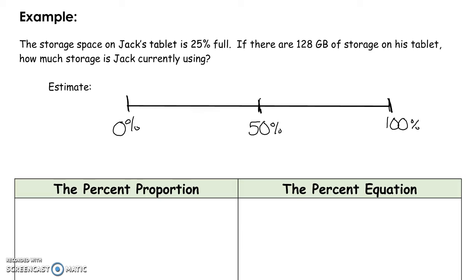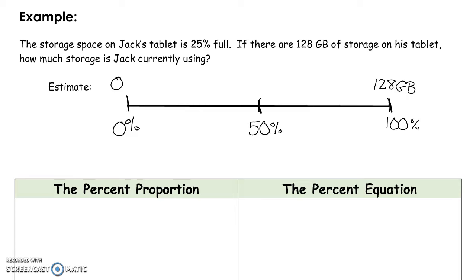If I know that there's a total of 128 gigabytes of storage, I could say that 128 is the same as 100%. So if he was using all of his storage, all 128 gigabytes, that would be the same as saying he's using 100% of his storage. If he was using 0% of his storage, that would mean that he's using 0 gigabytes.